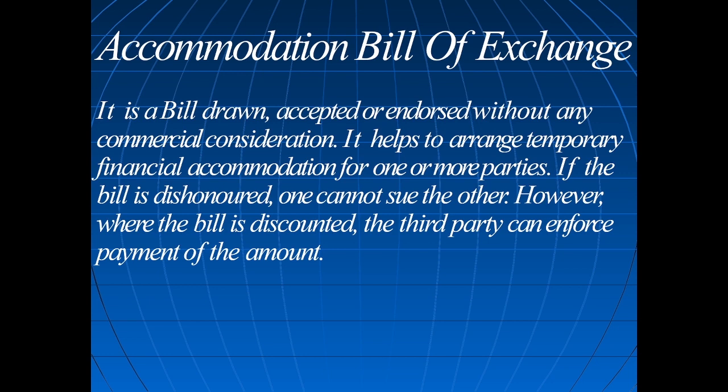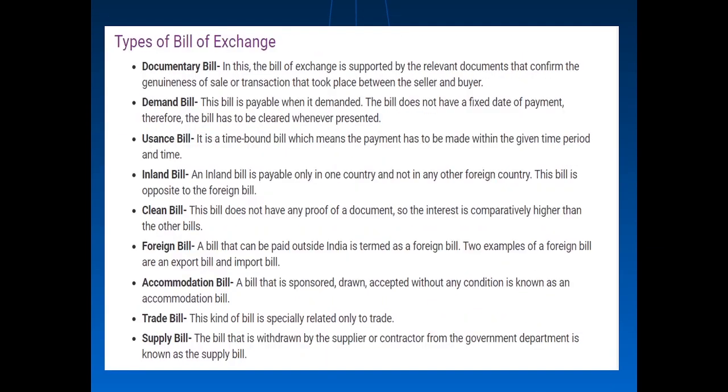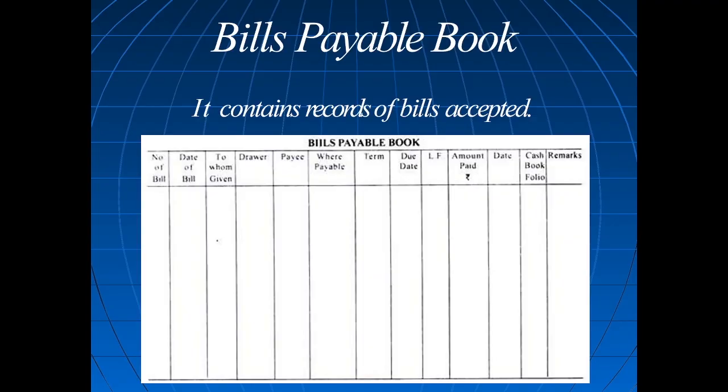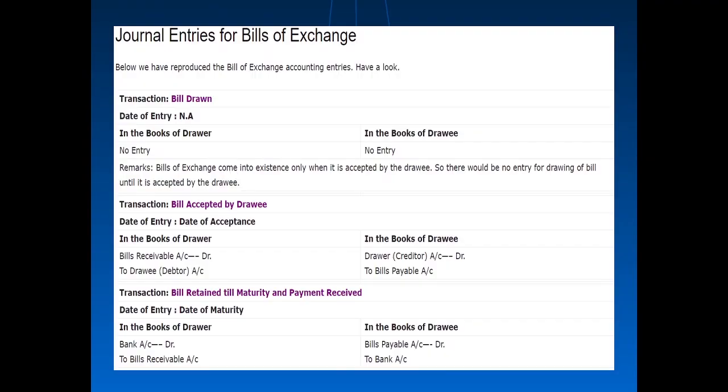They draw the bill, exchange the cash, accepted either side, discounted the bill by encashing it, and on the due date both the parties honor the bill. Okay, students, then coming to the books, journal entries.